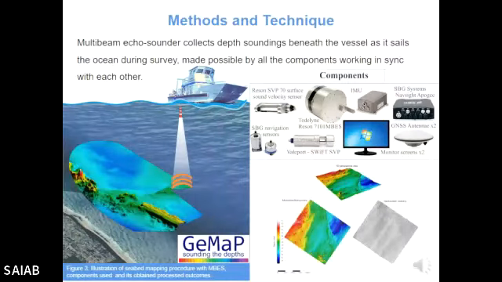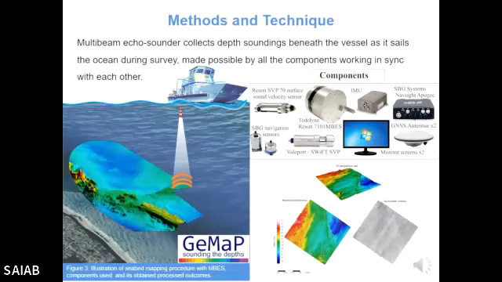As seen in the images, the multi-beam echo sounder uses sound to collect hundreds of thousands to millions of georeferenced depth soundings, which are processed to create a 3D digital terrain model of the surveyed area. This technique captures high spatial resolution data of the seafloor's geomorphology, which can be used to characterize marine habitats in terms of their georeferenced location, spatial extent, and geomorphological characteristics.